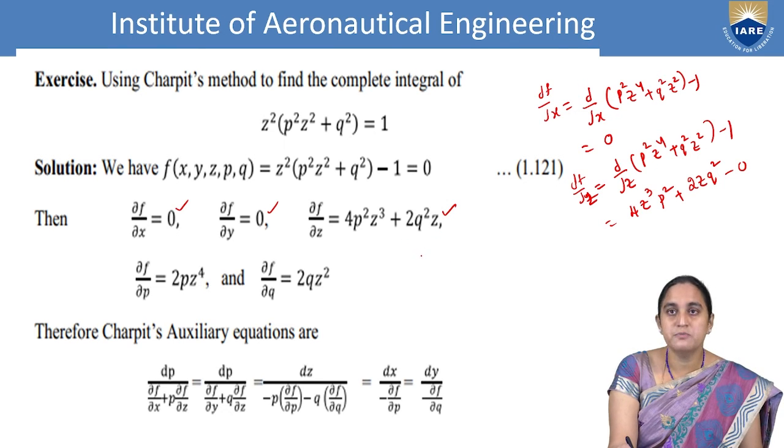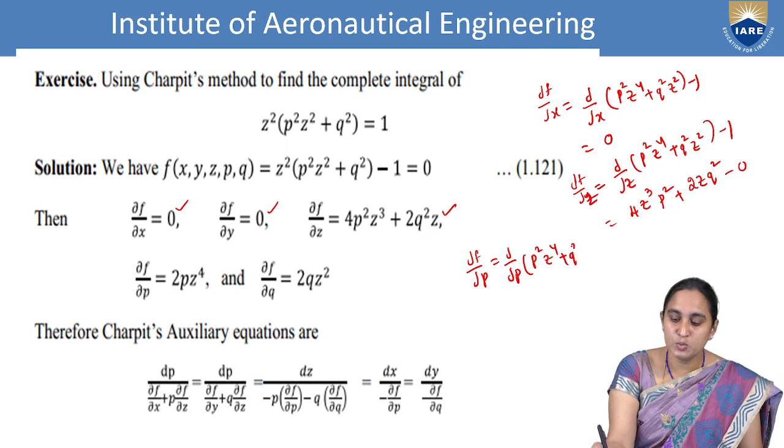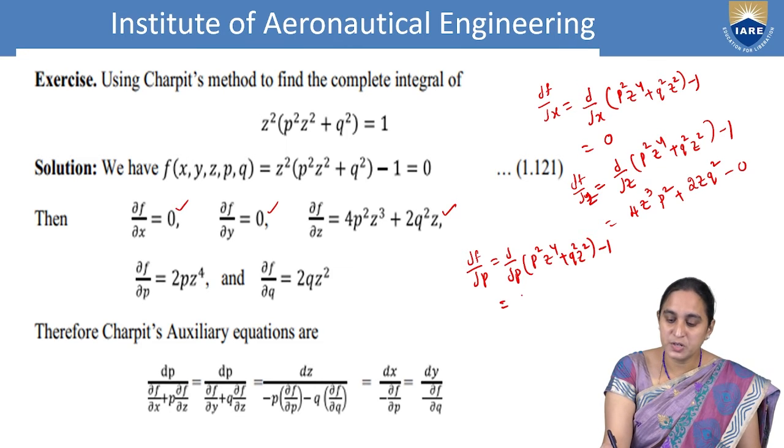Next, differentiation with respect to p. That is dou f by dou p is equal to dou by dou p of p square z power 4 plus q square z square minus 1. With respect to p, the differentiation is z power 4 into 2p plus 0, 0.